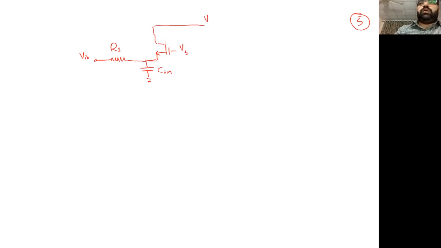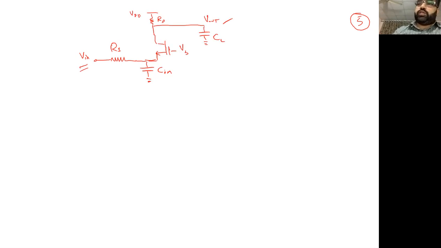Load capacitance, and here we have again RD, and it's at VDD, but it's an AC ground signal. Okay. So I guess this circuit is clear. Input is here. The two capacitances, meaning we have ultimately two poles.